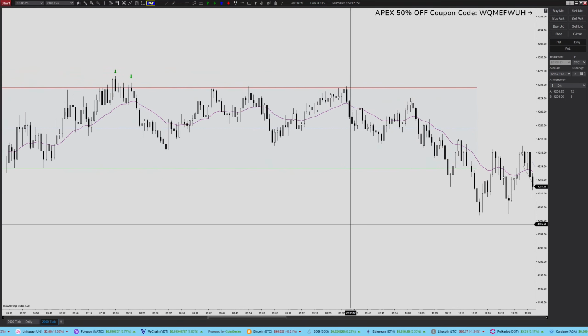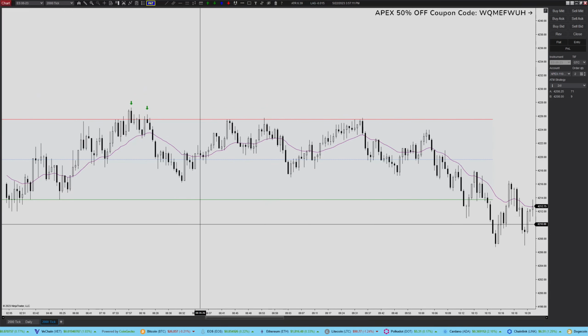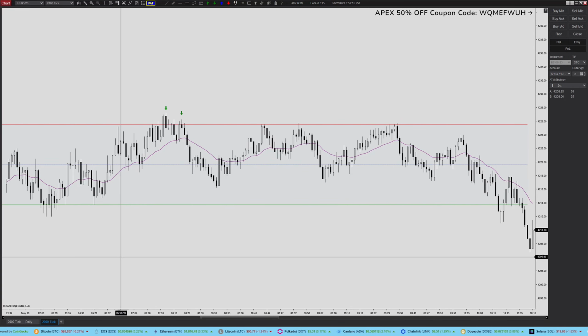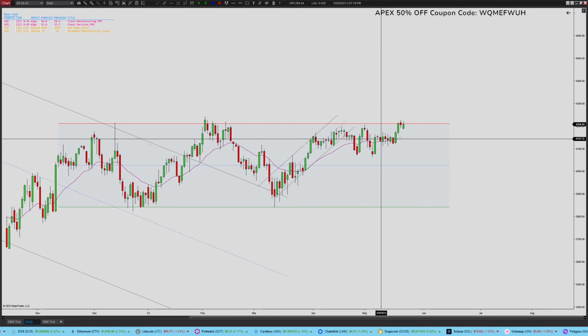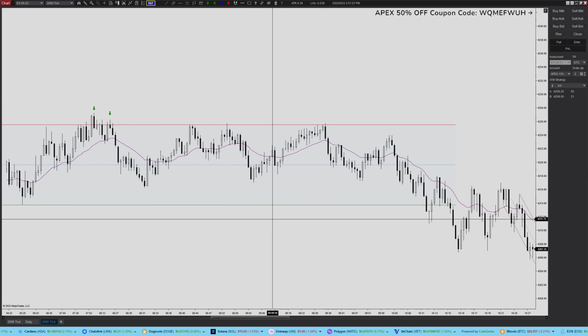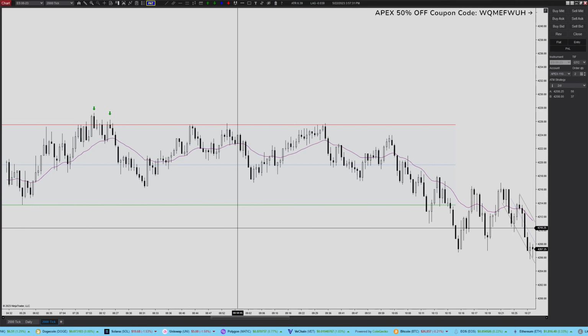It's really easy to get caught up in this sideways action, and sometimes the price just goes sideways for a whole day. As you can clearly see on a daily chart, we had a few days that were just going sideways, and that's okay. It's better to wait it out and take the sure thing, like Mac always says, than to lose money.